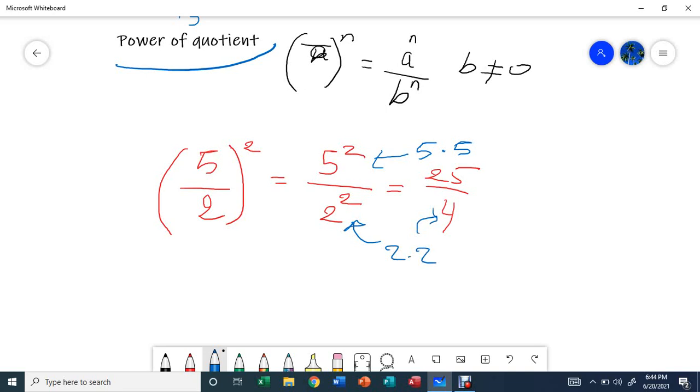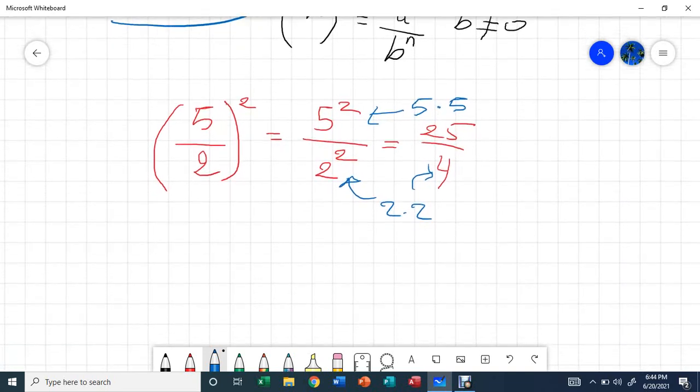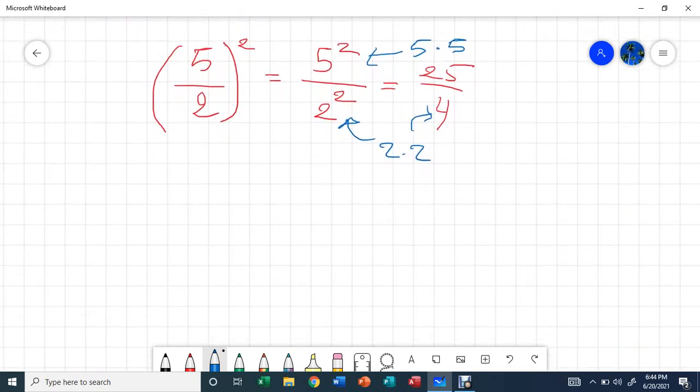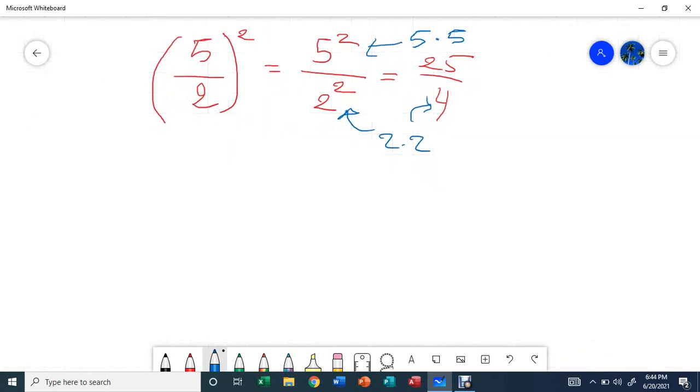Another example, just to be familiar with the rule. It's not difficult, but you just have to make sure you're using the rules properly. So the second example, we have 10 over 9, the whole thing to the 5th power.